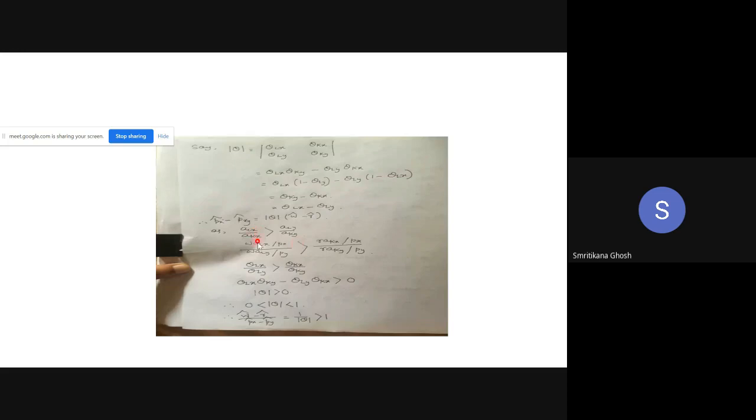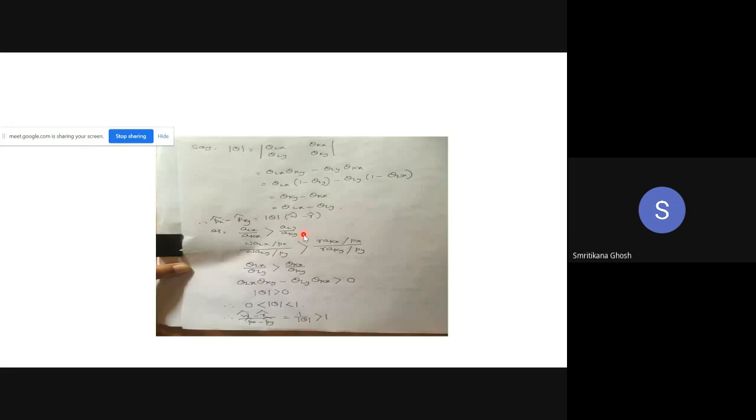Look, ALX by AKX greater than ALY by AKY means the commodity X is using relatively more labor as compared to commodity Y. Why? Because I assume that X is labor intensive.